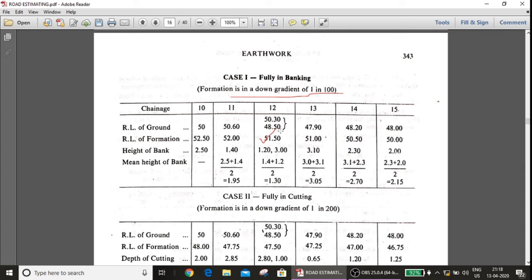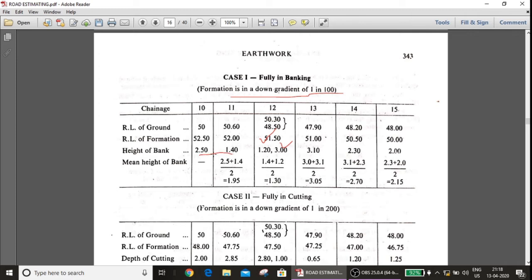Next 51.50 minus 48.50, we will get 3. Because of the two values, we get two heights of the bank, one for the upper RL and one for the downward RL. Then for 13, 3.10, 2.30. Now while taking the mean, this is the procedure we have to follow.